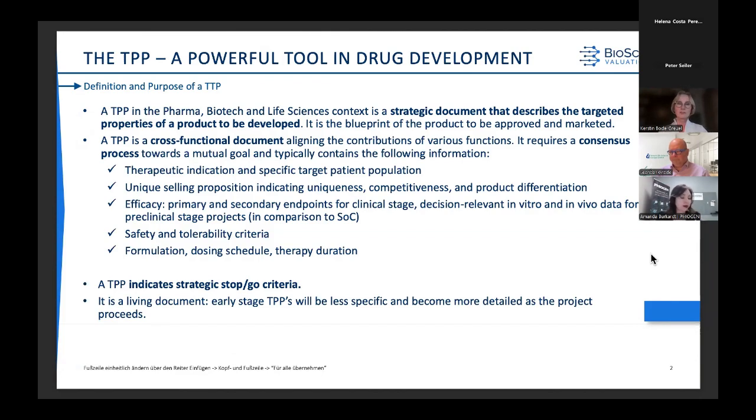It is cross-functional, so there will probably not be a single person who can create this template by themselves. So we bring together all the activities that are needed to bring a product forward in development. Therefore, it's also a consensus process that is necessary.